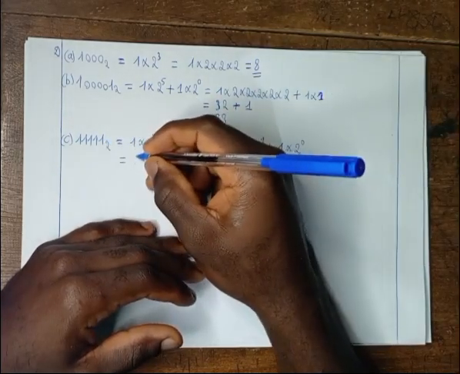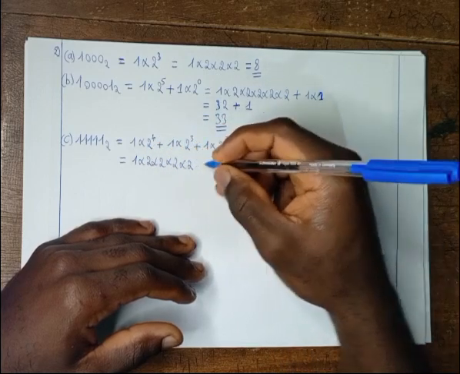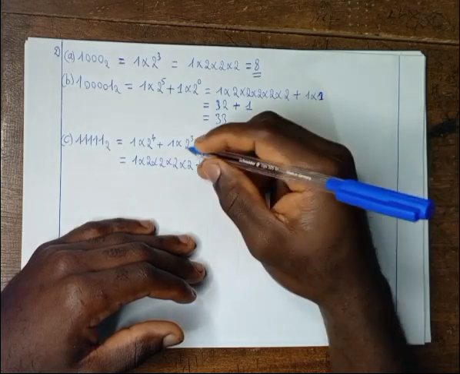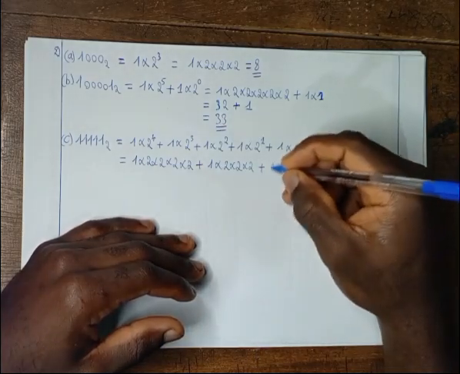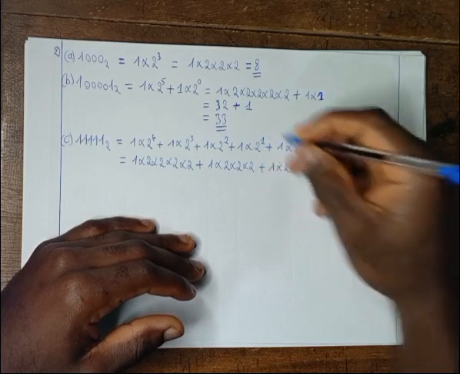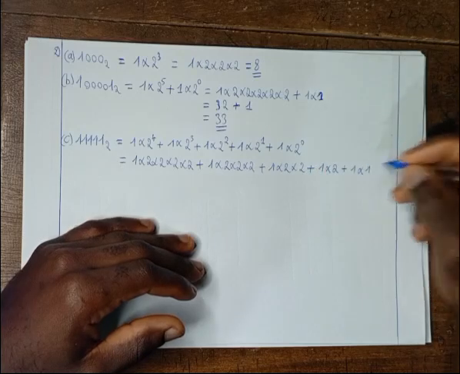This will simply give us 1 times 2 times 2 times 2 times 2, plus 1 times 2 times 2 times 2, plus 1 times 2 times 2, plus 1 times 2, plus 1 times 1.